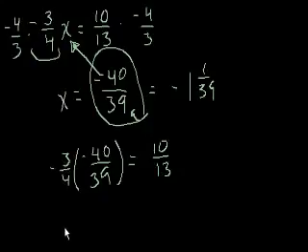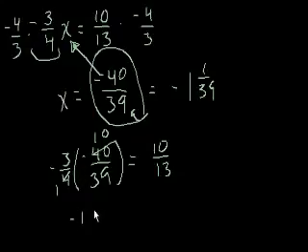Minus 3 times minus 40 is minus 100, and actually we could do something a little bit simpler. This 4 becomes a 1, and this becomes a 10, if you remember that when you're multiplying fractions, you can simplify like that.